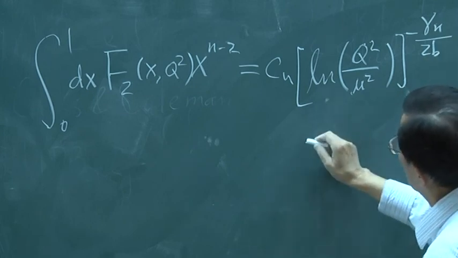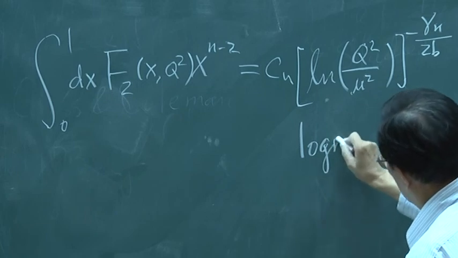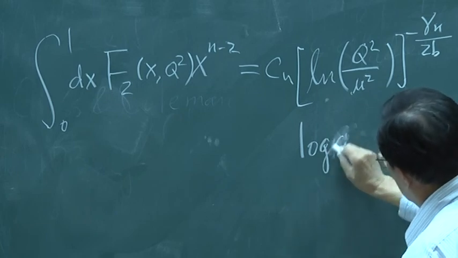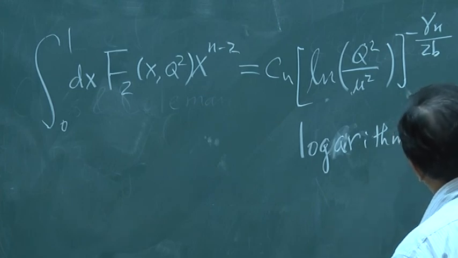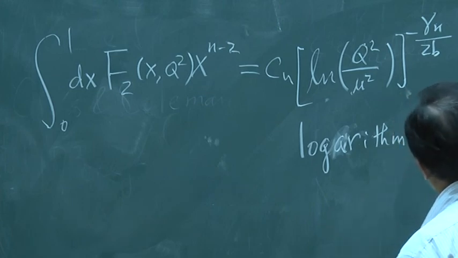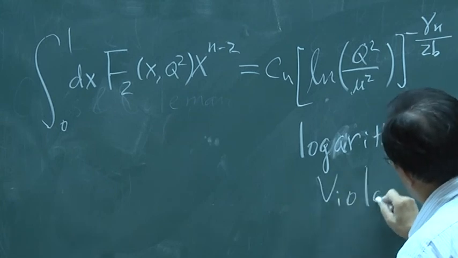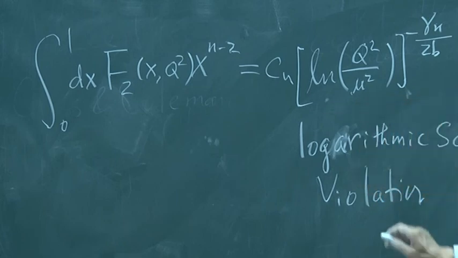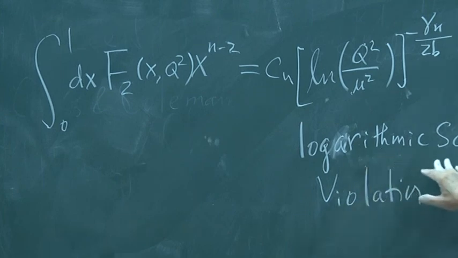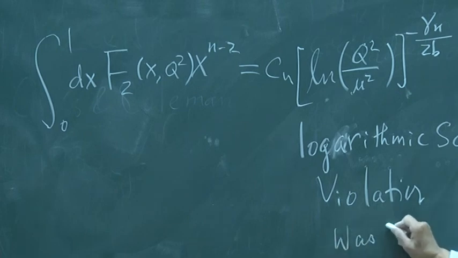So there's some logarithmic scaling violation. So Bjorken scaling is not perfect, but there's some logarithm which violates the scaling. And this logarithmic scaling violation was also confirmed experimentally.